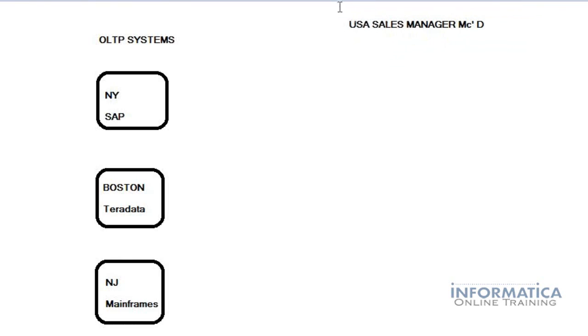For that, I have to first walk down into New York and check how the business is running. After that, I have to walk down into Boston and check, and then walk down to New Jersey and check how the business is running.